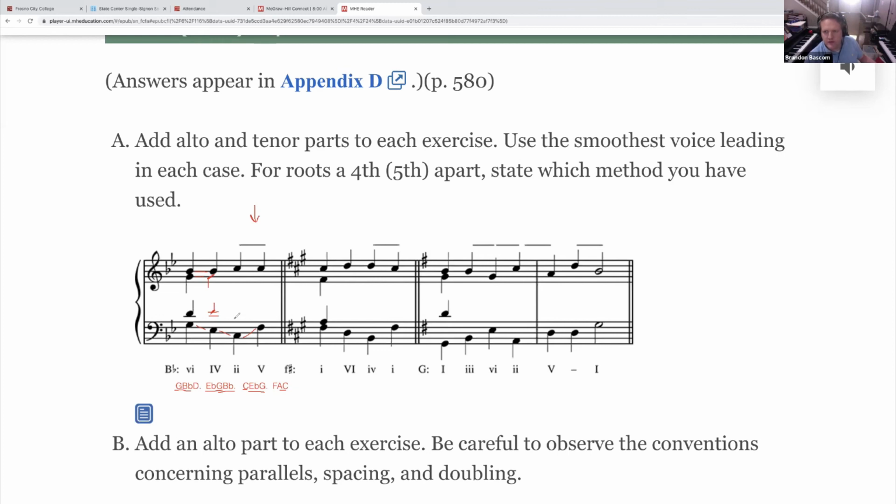Are you with me? Okay, here we are. Our common notes are going to be E flat and G. Well, we can stay on our G. We can stay on our E flat. Does that work? Yeah.